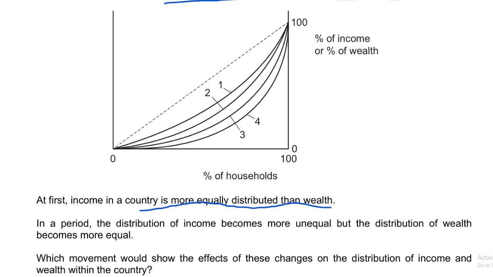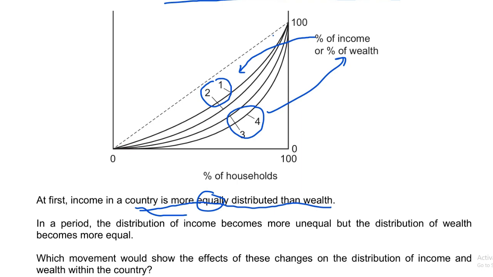So out of these four Lorenz curves, curves 1 and 2 will be the income Lorenz curves for percentage income, and curves 3 and 4 will be for wealth, because the examiner is saying that income in a country is more equally distributed, so they should be near to the 45-degree line. The 45-degree line shows that income is perfectly distributed among all the individuals and all the residents of a country.